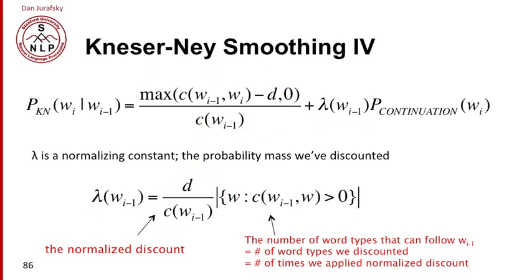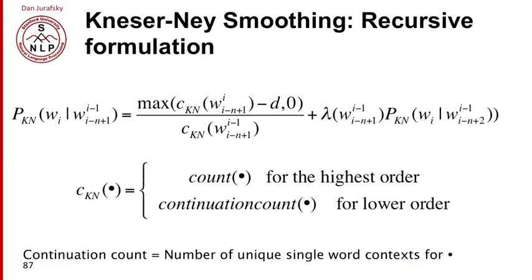Now this is the bigram formulation for Kneser-Ney. In this slide, we're showing you the general recursive formulation for n-grams in general. Here we have to make a slight change to deal with all the higher order n-grams. So here we're just showing the Kneser-Ney probability of a word given the prefix of the word. And just like the Kneser-Ney we saw before, we're interpolating a higher order n-gram, which is discounted with a lambda weight, and a lower order probability.